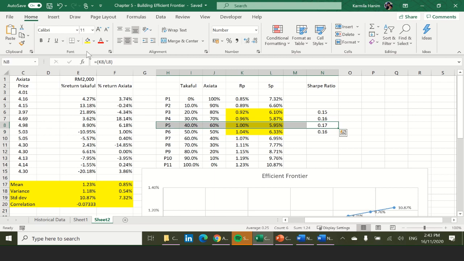Okay, portfolio 5 here. So this implies that the best combination for these two stocks is at the level of 40% for Takaful and also 60% for you to invest in Axiata in order for you to get the highest Sharpe ratio in this example.